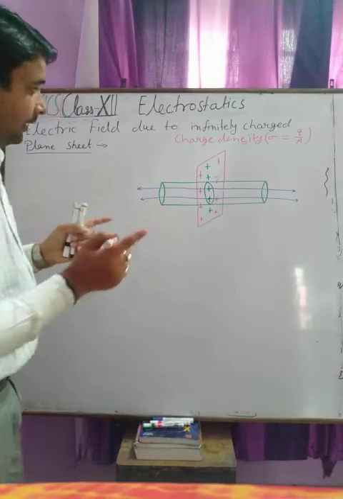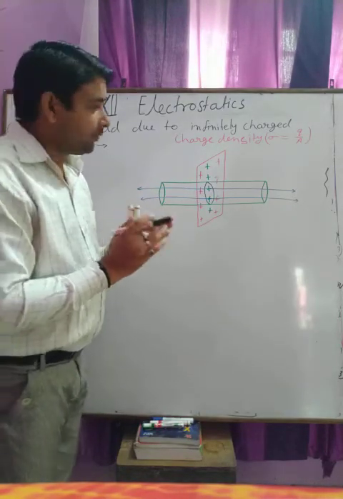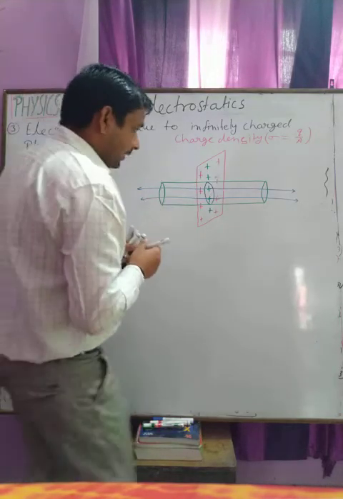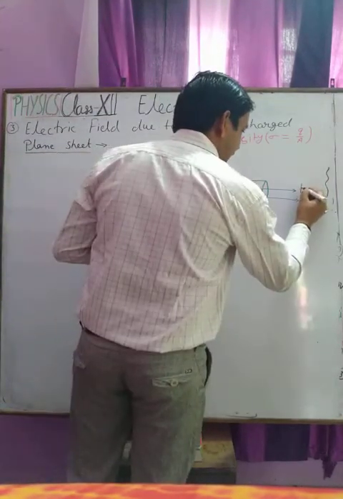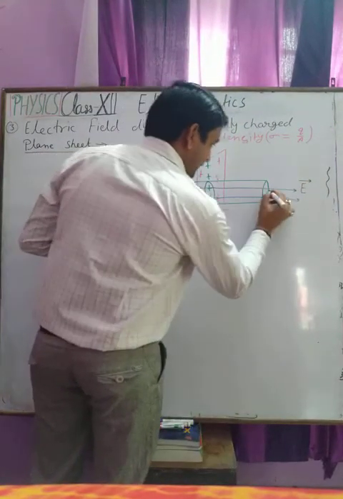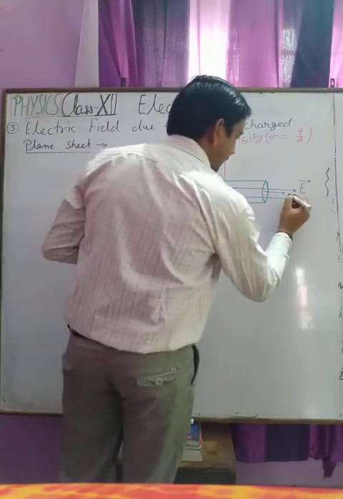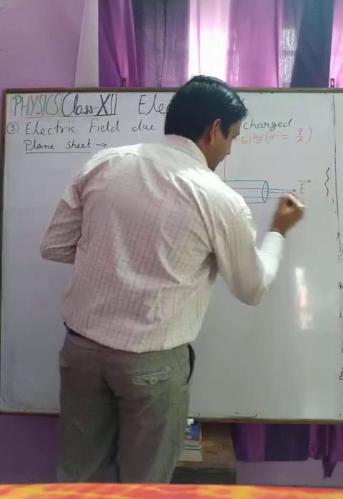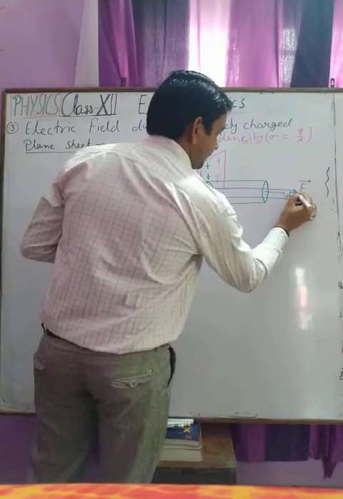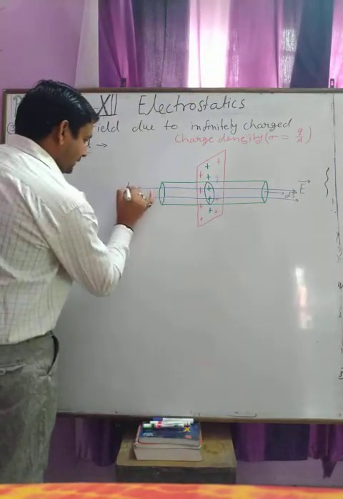First we specify the angle between the area vector and the electric field. This is the electric field, and the area vector for the flat surface is in the direction of the electric field. We are using this ds.